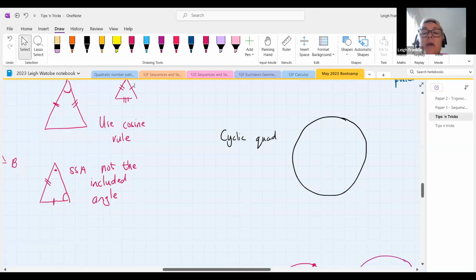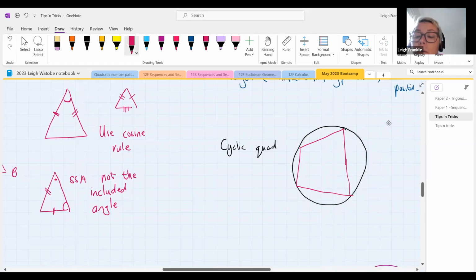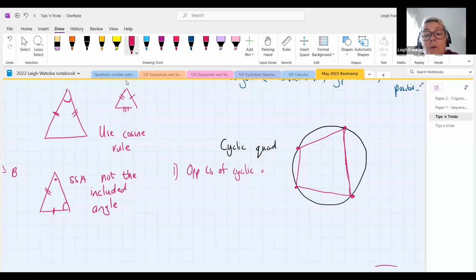So if you have got a quad and it looks like that, it's automatically cyclic. It has to have 4 points on the circle. There are two things that emerge about cyclic quads. The first one is that the opposite angles of a cyclic quad are supplementary.